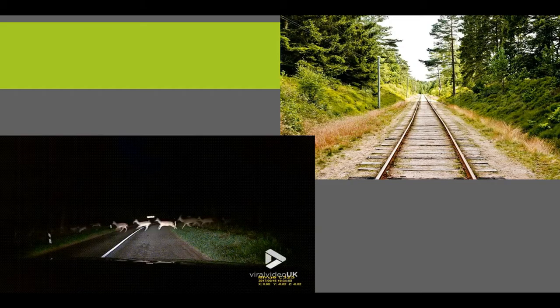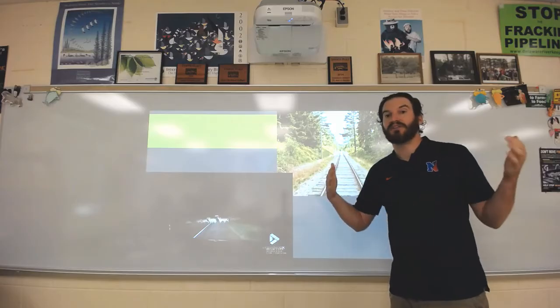So here's a look again at what habitat fragmentation might look like. The idea of having a roadway through a habitat. And now, do you fault the deer for running across that road? Some people will be like, this is ridiculous.